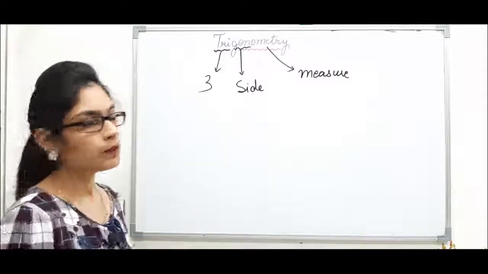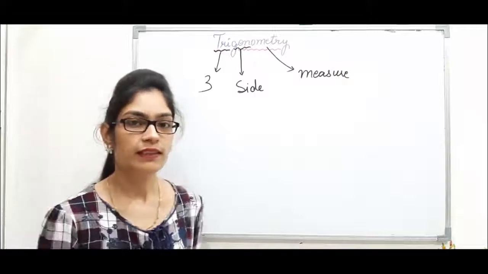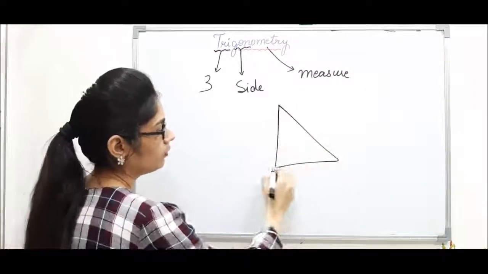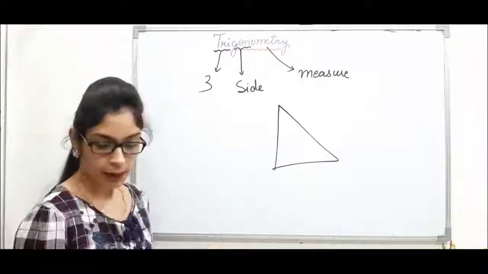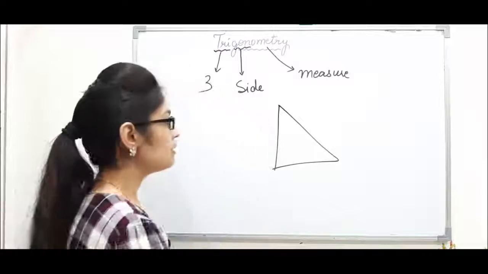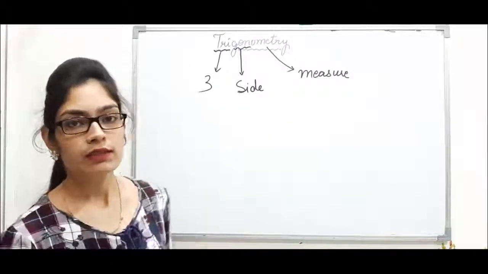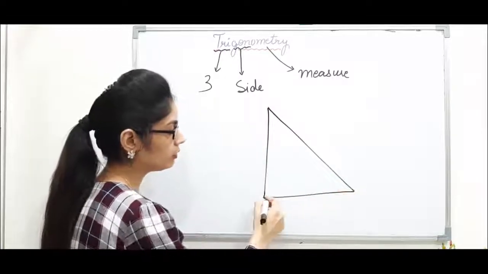Which means it's a measurement of 3 sides. So which figure has 3 sides? It's the triangle. We all know a triangle is a 3-sided figure. So in this chapter we are going to study triangles. Basically trigonometry gives us the relationship between the sides and angles of the triangle.